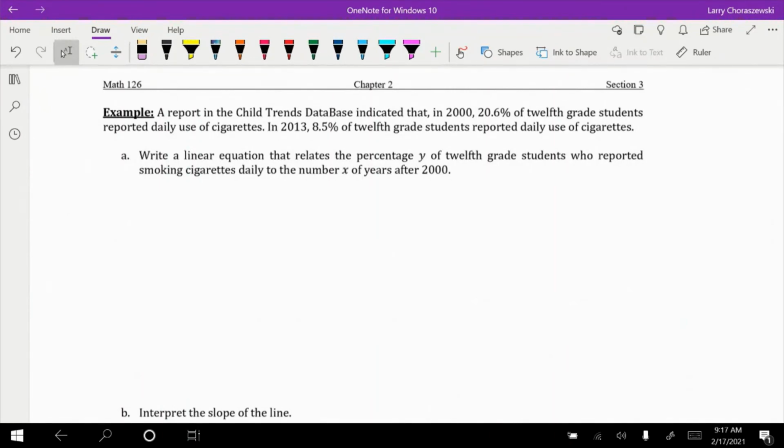All right, completely different context here. So we're talking about a report in the Child Trends database. This is real data, by the way, at least I'm fairly confident it is.